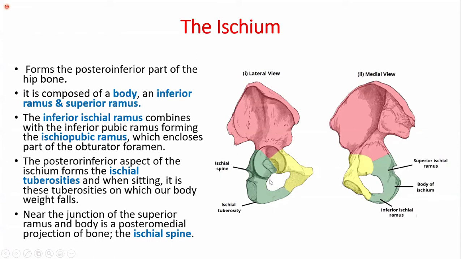And then near the junction of the body and the ramus, there is an important structure called the spine. So between the body and the inferior ramus, you have here the ischial spine. Okay, these are the landmarks of the ischium.